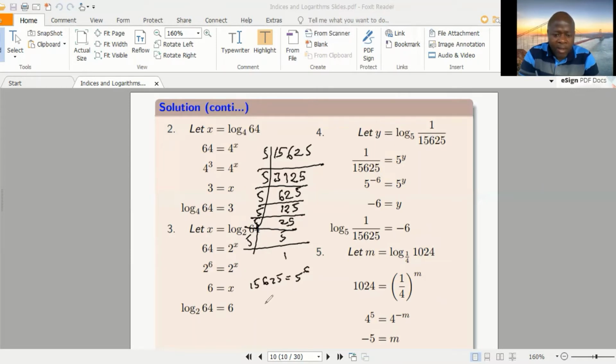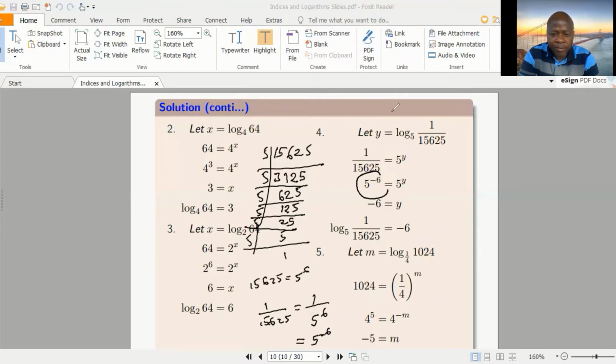But what I have is 1 out of 15,625. That means this is the same as 1 out of 5 raised to 6. This is a positive power here. If I took it to the numerator, this would be the same as 5 raised to negative 6. And that's what you see here.